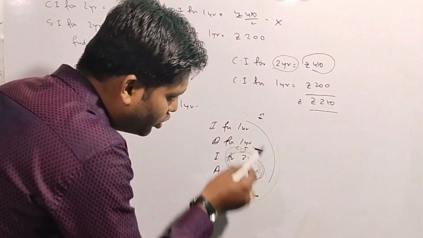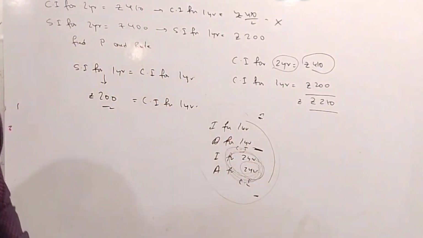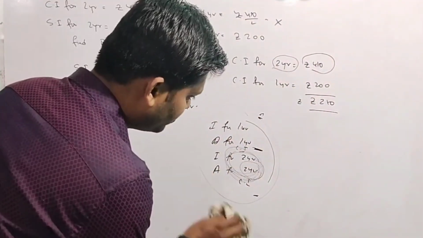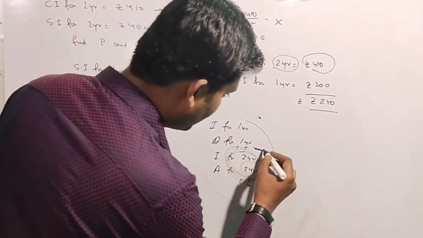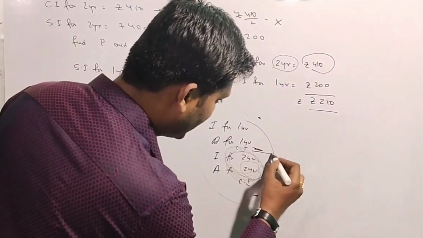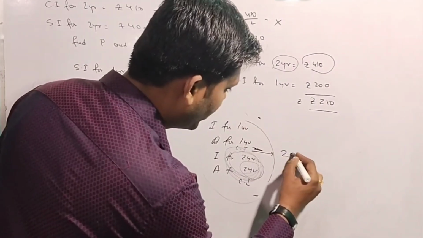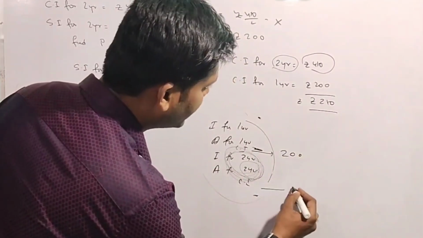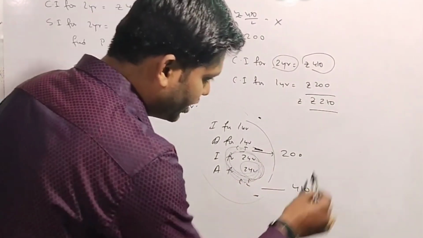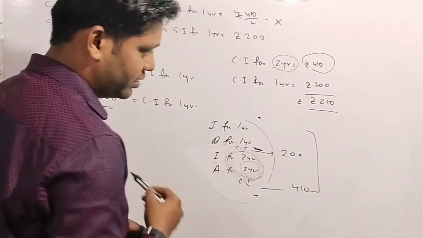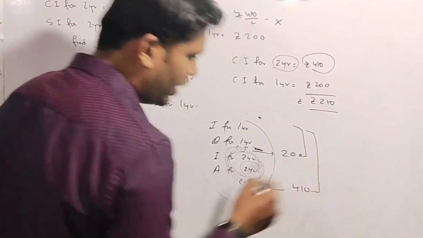So now what am I going to get? Do you understand what I am trying to say? For example, when I have calculated compound interest for 1 year, I am getting 200, and for this one I am getting 410. They are saying that this 410 is for 2 years and this 200 is for 1 year.